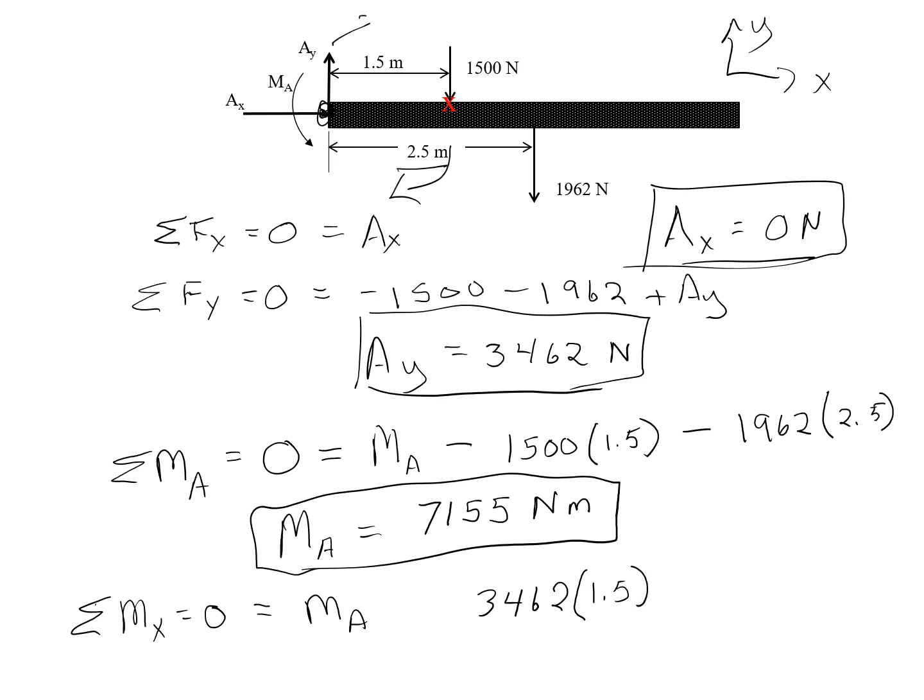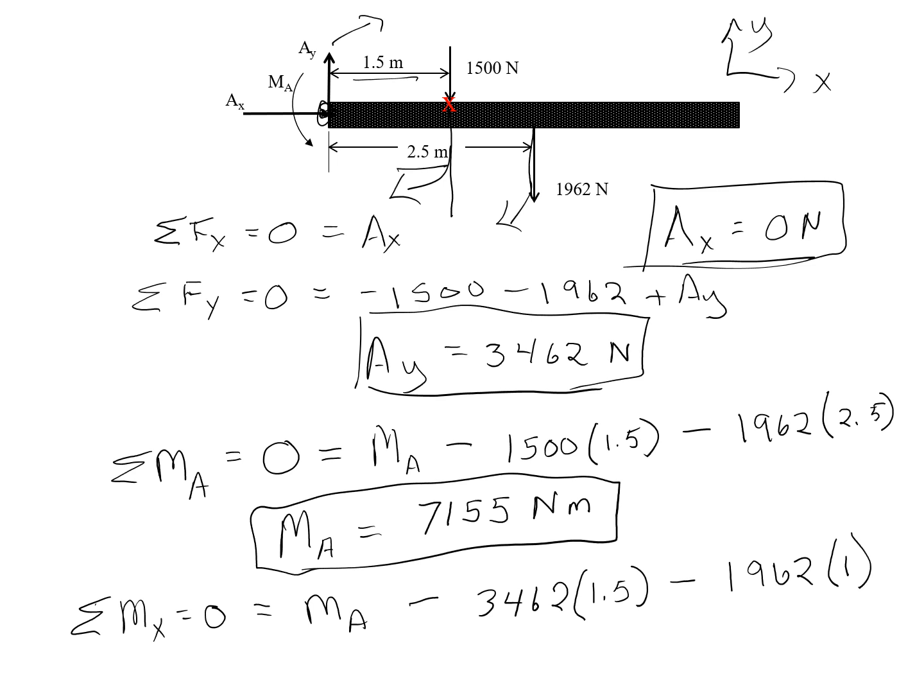It is pulling up, so it's tending to rotate clockwise, so this will be negative. And then I have the 1962. The perpendicular distance from the 1962 to the 1500 is 2.5 minus 1.5, so that is 1. It is pulling down, so it's tending to rotate this beam clockwise, so this will be negative.